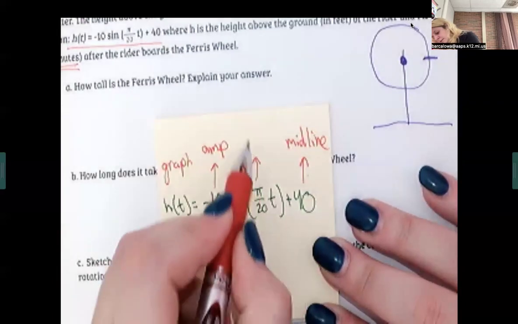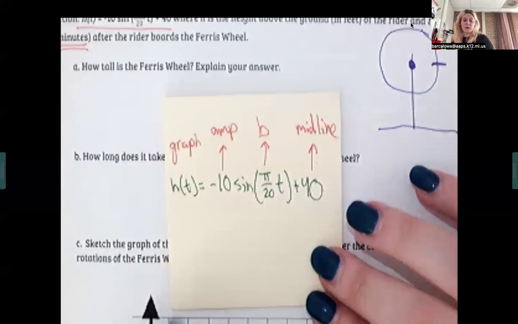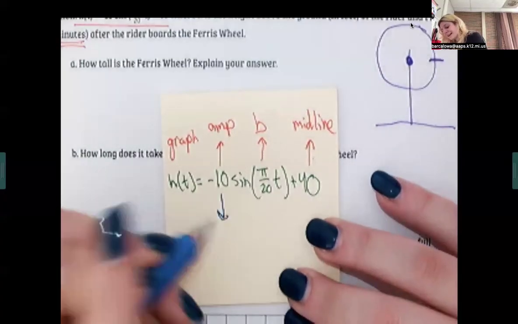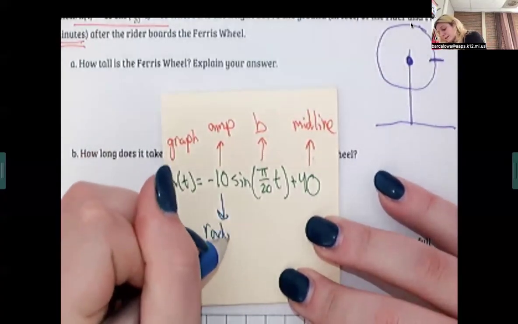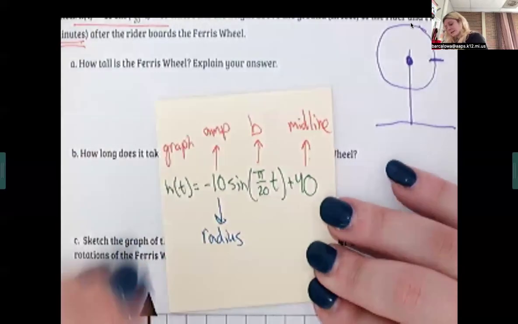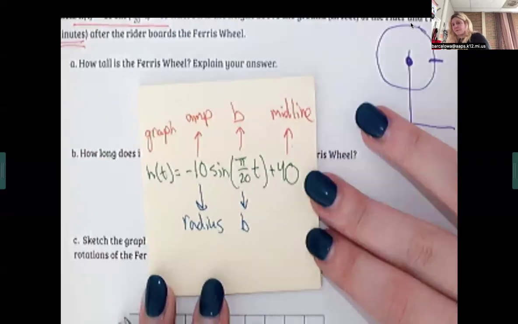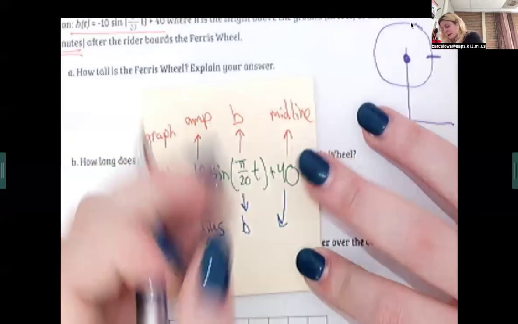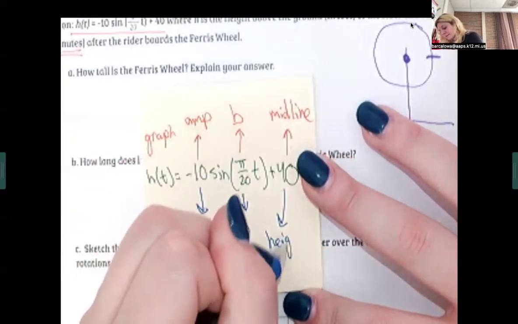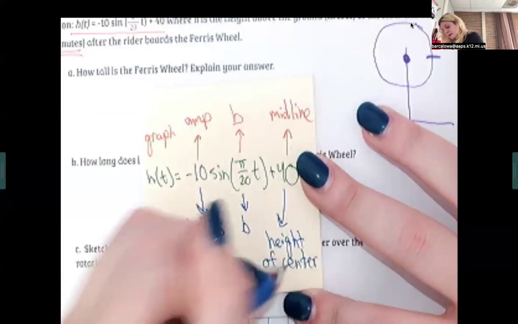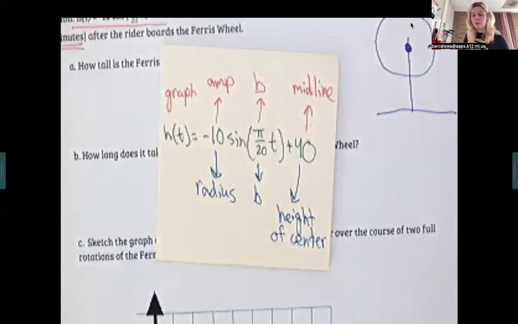And this is B. For my circular object, this 10 is the radius. Okay, this is still B. And 40 is the height of the center.